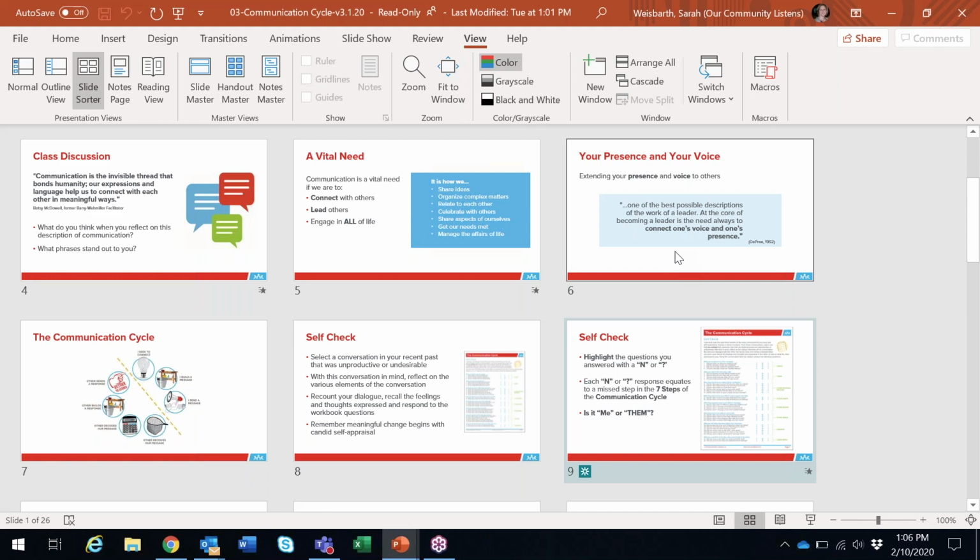And that's really creating this moment of inspiring people to want to think about, well, how do I communicate? Why is it important? So that's the front end of these first 6 slides as we head into communication cycle.